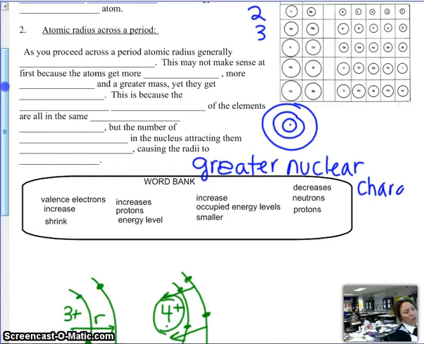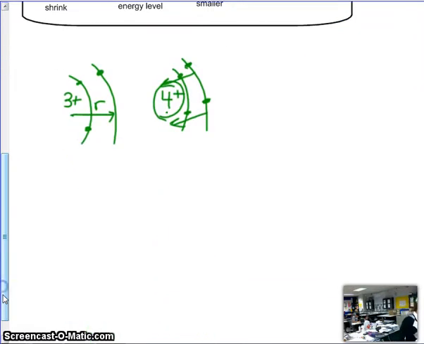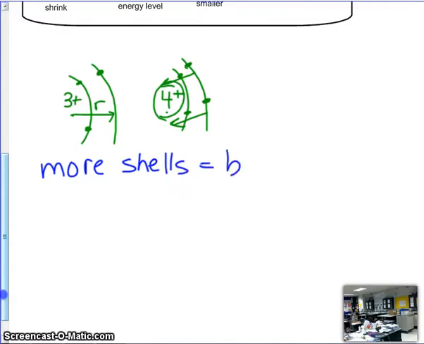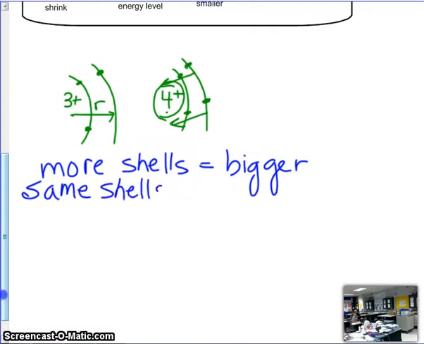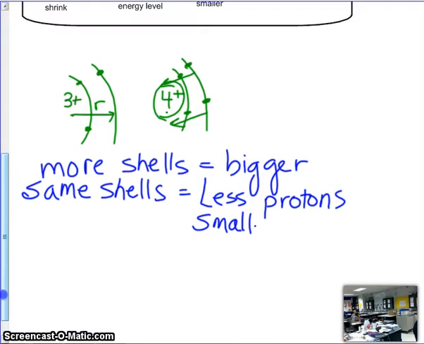So in general, more shells means a bigger atom. But what if they have the same shells, right? Like in a row. If they have the same shells, less protons is bigger. Less protons, remember, is the smaller atomic number.